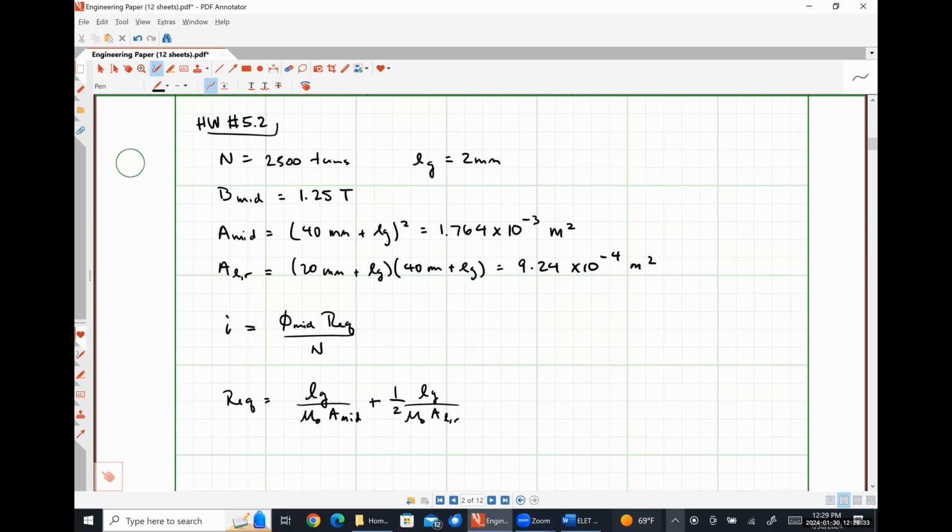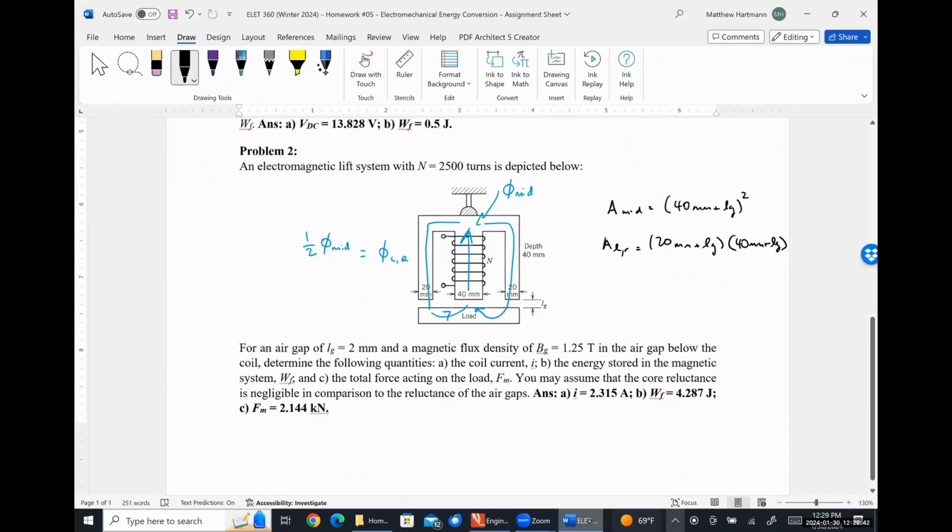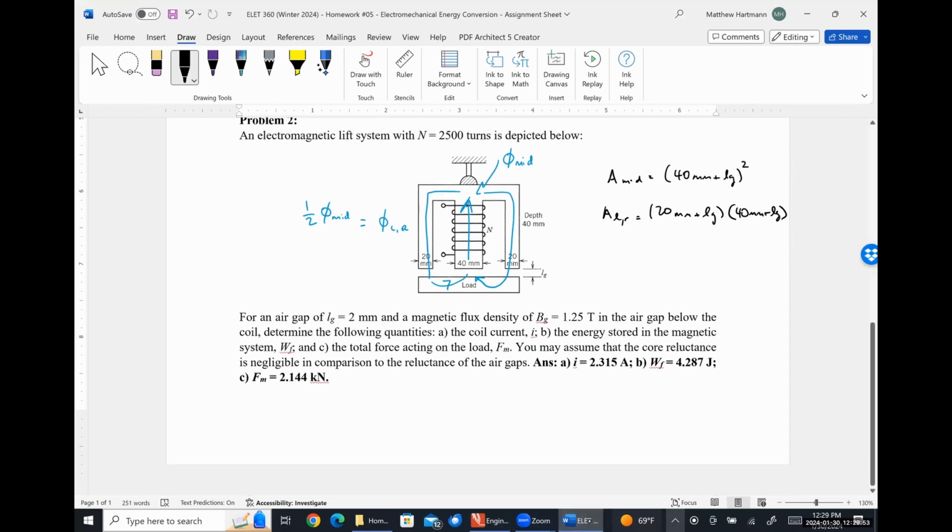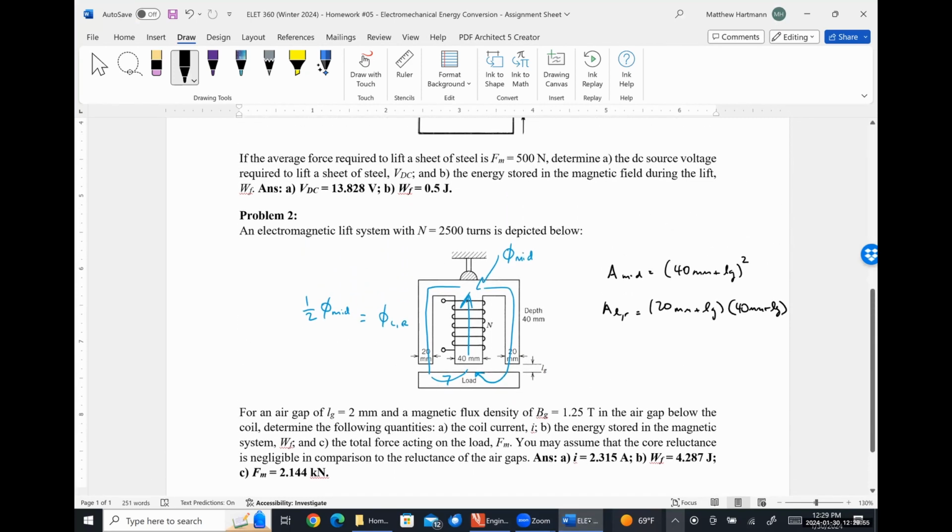Everybody okay with that? So if we look at our flux path, we see that the flux flows up through the middle and splits and circulates back around. So effectively, if I were drawing this as a circuit, I would have my MMF source with the reluctance of the mid, and then I have the reluctance of the left and the reluctance of the right, like so.